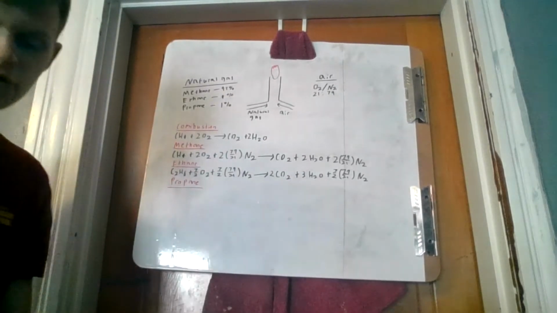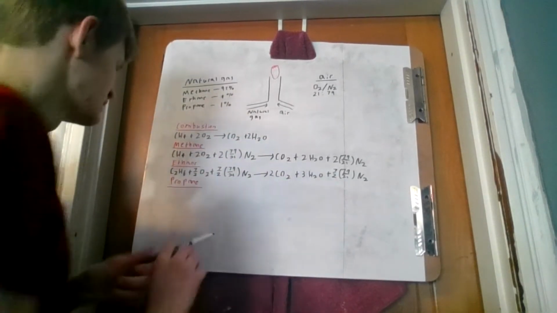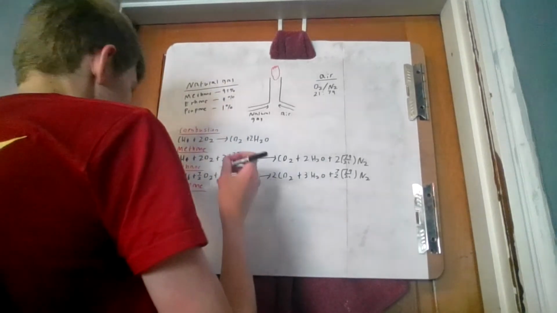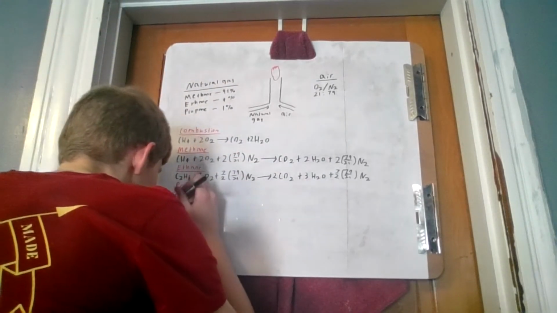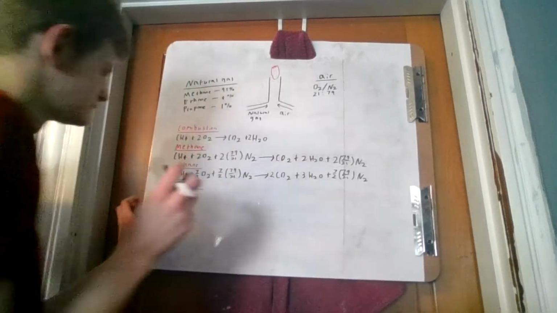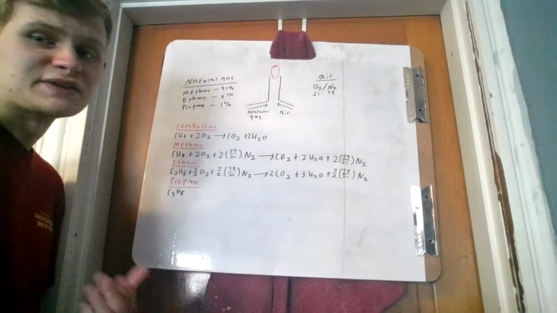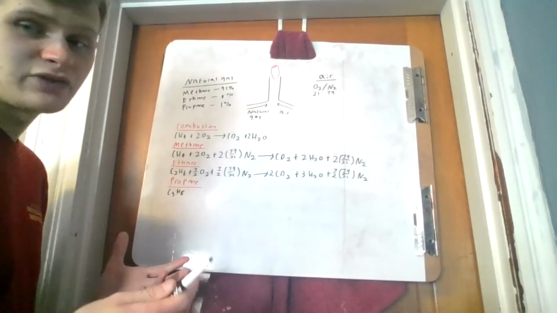So our propane reaction, we're going to solve in a very similar sense. It's going to consist of 3 carbons and 8 hydrogens. And we're going to set this problem up in the same way that we did our ethane reaction.